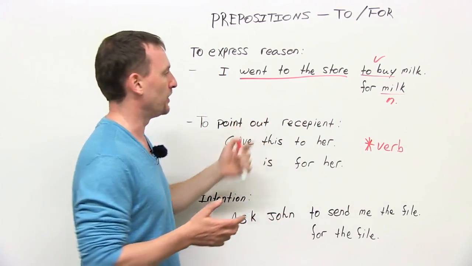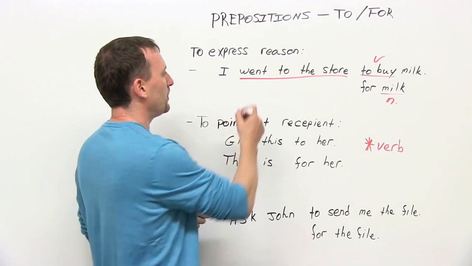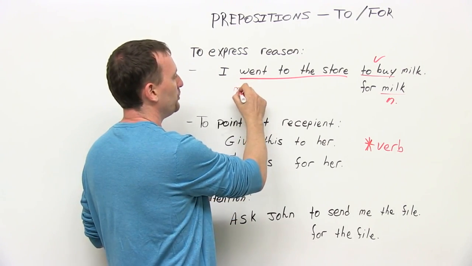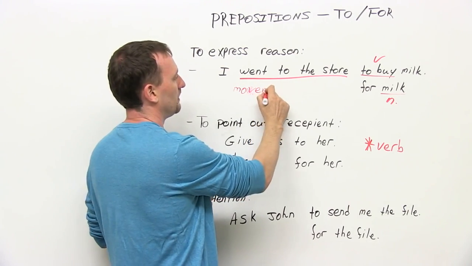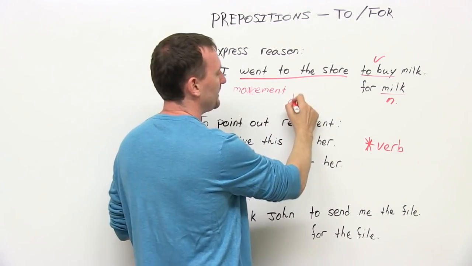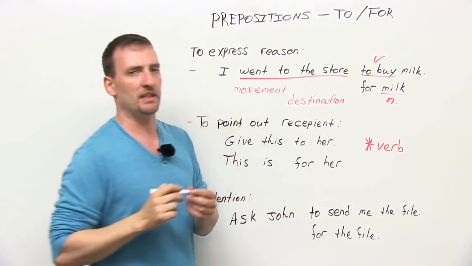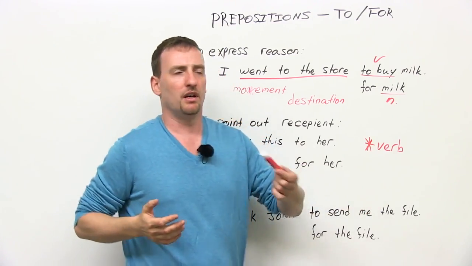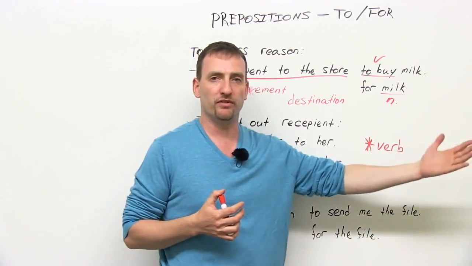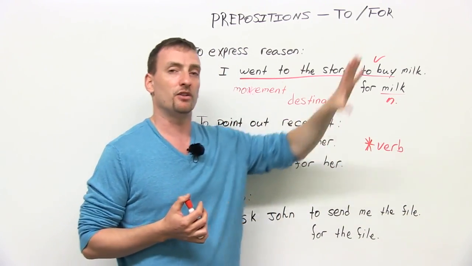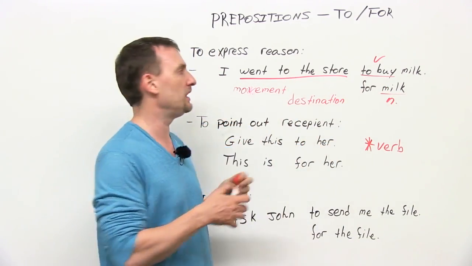Now, before we go to the next one, I want you to look at this. I went to the store. Whenever you have sort of a movement, and you have a destination. So by movement, I mean go, walk, drive, take the bus, for example. Anything that involves you moving or going somewhere, and then you're talking about the destination, the place that you are going to, it's always going to be to.